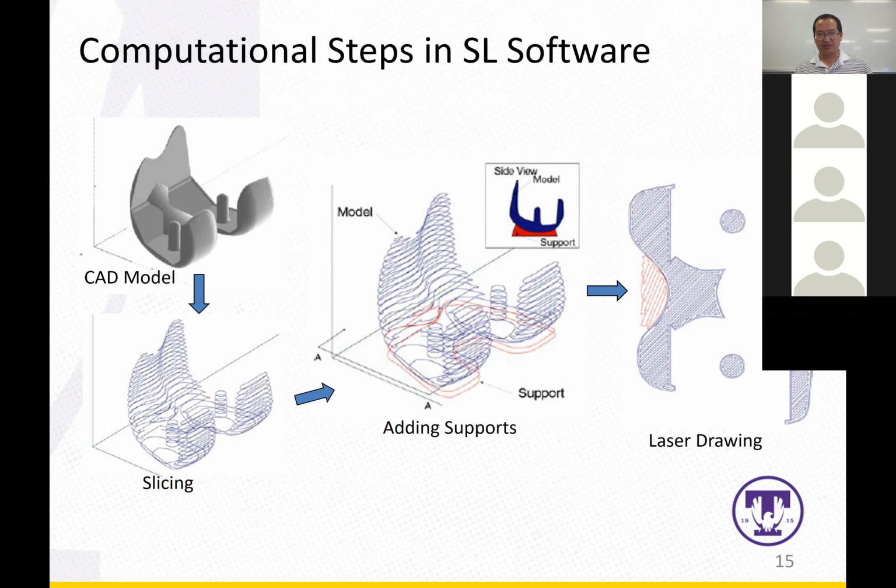But there are also bad sides. First of all, it wastes material, right? And it wastes time. You have to consume material and time to generate a support, right? And also sometimes it's just hard to do the post-processing to remove the support material. And sometimes the removal of the supporting material will affect the surface finish.